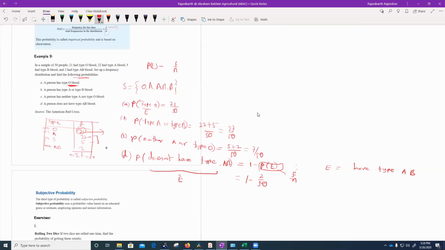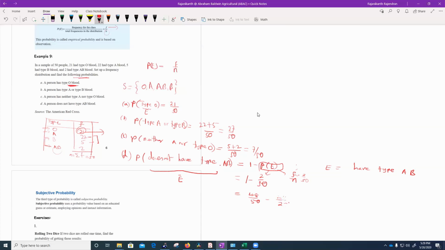The probability of having type AB: the frequency for type AB is 2, f is 2, and n is always 50. Therefore, 2 over 50 for this piece. Then I'm subtracting from 1, and you will get the complement of that event. If you simplify, you get 50 minus 2, which is 48 over 50. If you want, you could simplify this. If you divide by 2, you get 24 out of 25. So these are the basic probabilities.